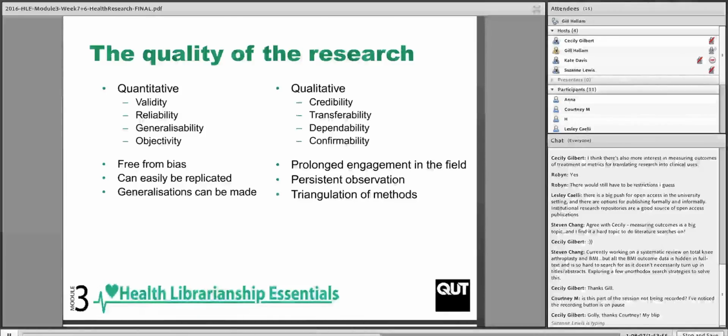So it's looking at the objectivity on the one side, so being free from bias, can be easily replicated. Generalizations can be made. On the qualitative side, it's really looking at the prolonged engagement of that researcher in that environment, the persistent observation in terms of gathering the data, and triangulating the methods.